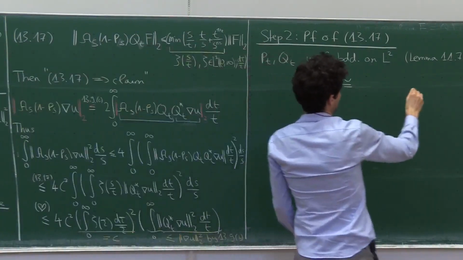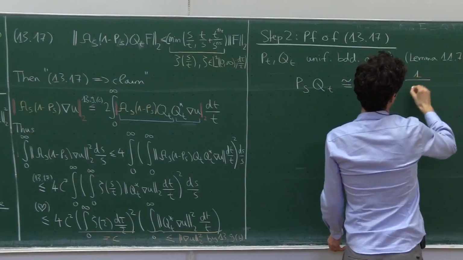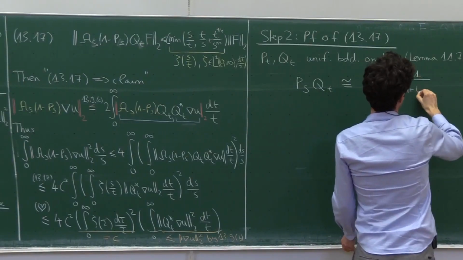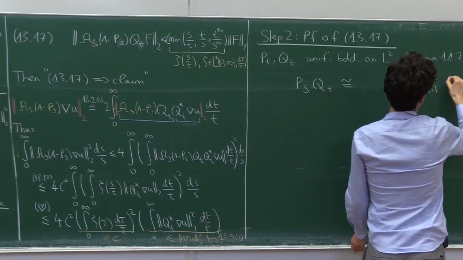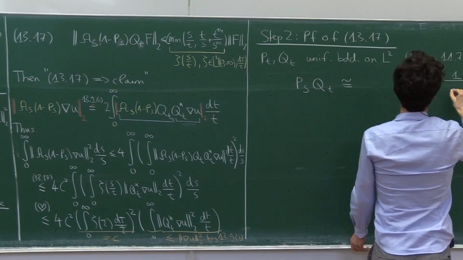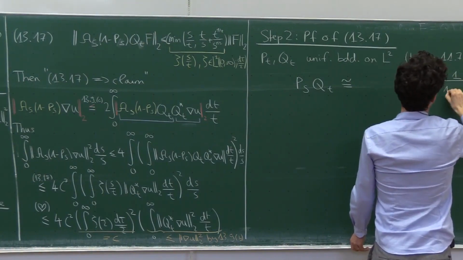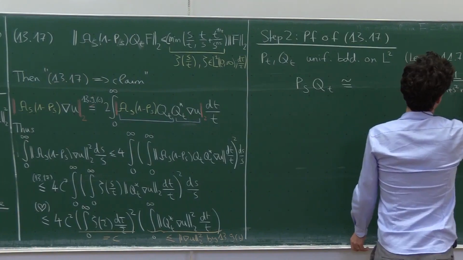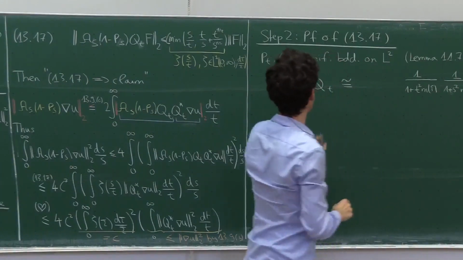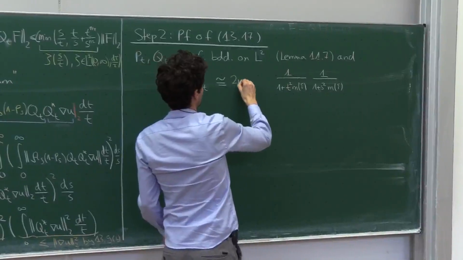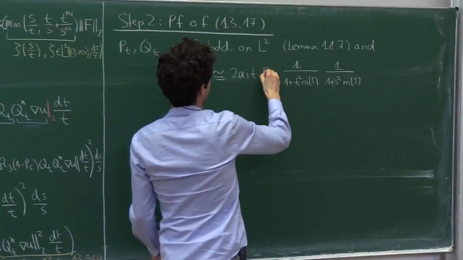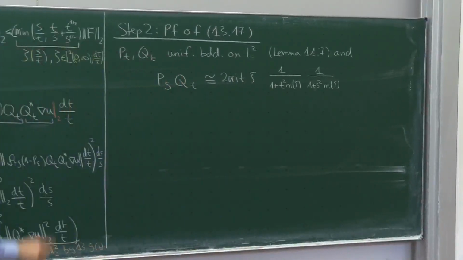There's going to be resolvents, so it's 1 over 1 plus t squared m of xi. There's going to be a resolvent with the other parameter, 1 plus s squared m of xi, and then this has an additional t and a gradient, so it's 2 pi i t xi. This is the Fourier symbol corresponding to this operator.